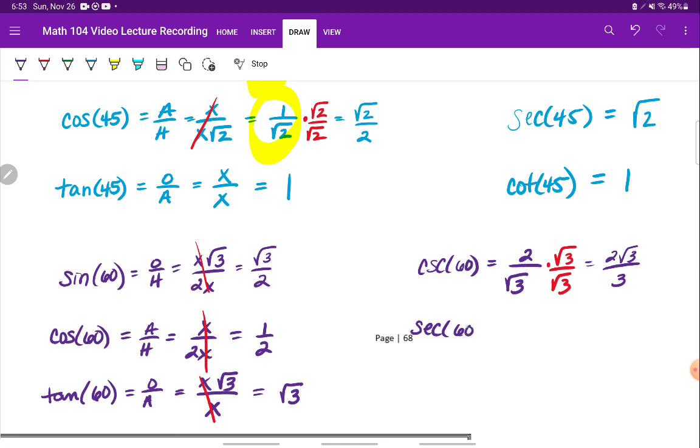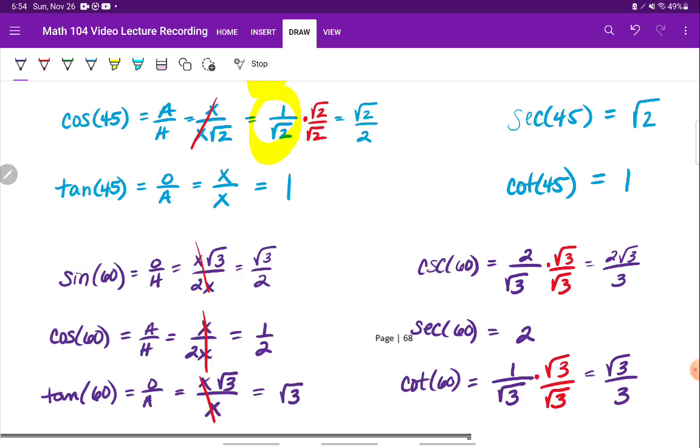Secant of 60 degrees, that'll be the reciprocal of 1/2, which is 2. And lastly, cotangent of 60 degrees, that'll be the reciprocal of square root of 3, 1 over square root of 3, which will then rationalize. And we get square root of 3 over 3.